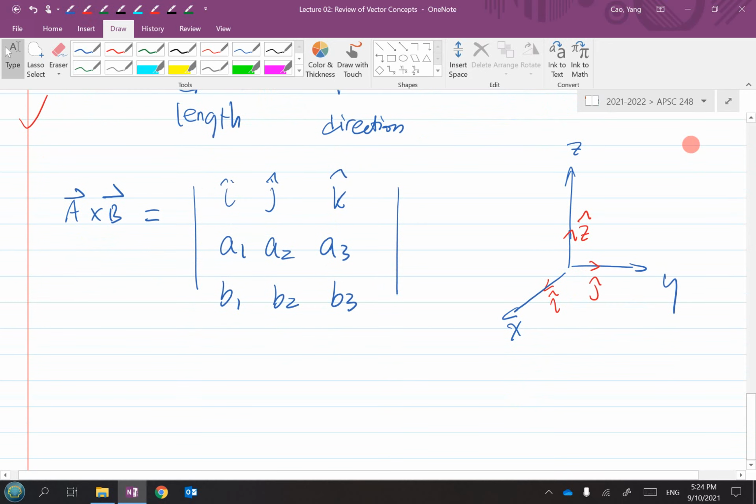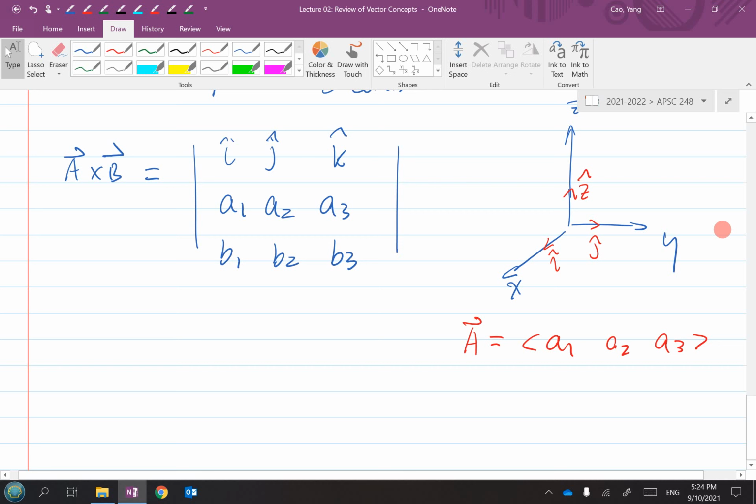So then later you're going to see, for example, the original A vector, A1, A2, A3, which is the way I introduced the writing in the previous lecture. In between, you have the coordinates or the components of the vector.